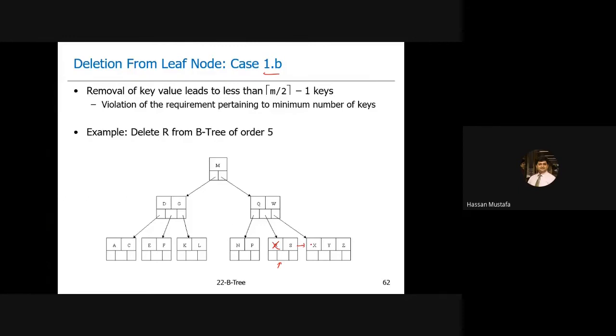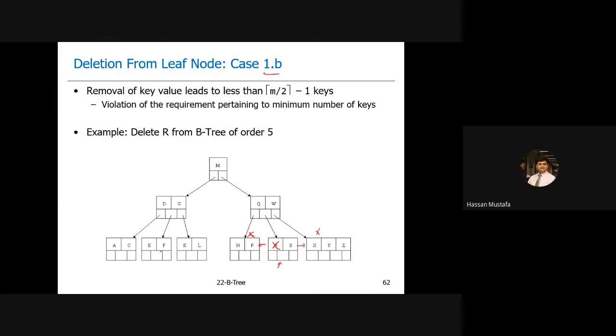And if this particular person does not have an extra pen, then you would ask the other neighbor if he can give you the pen. If this person has an extra pen, he would give it to you. And the last case is if both neighbors do not have a pen, then definitely you would ask your parent to give you the required pen for taking the test. So this is the entire discussion of case 1B.